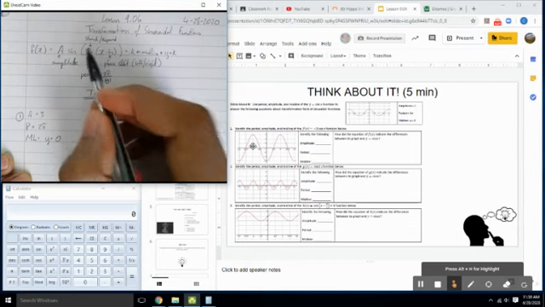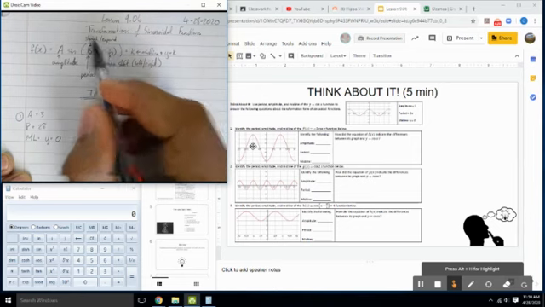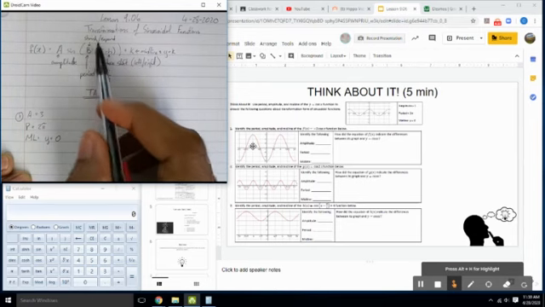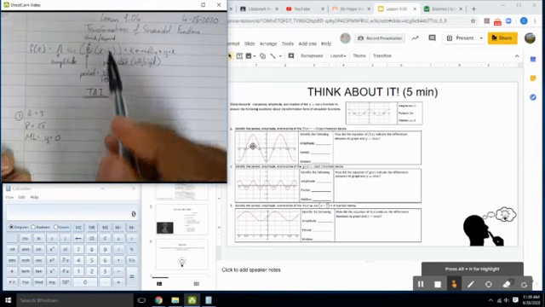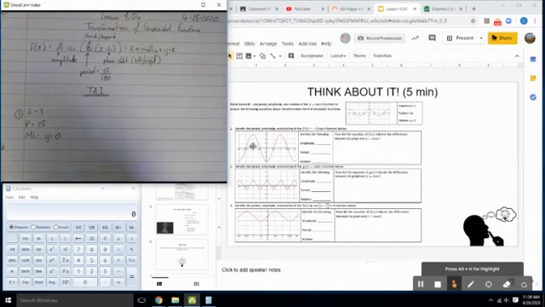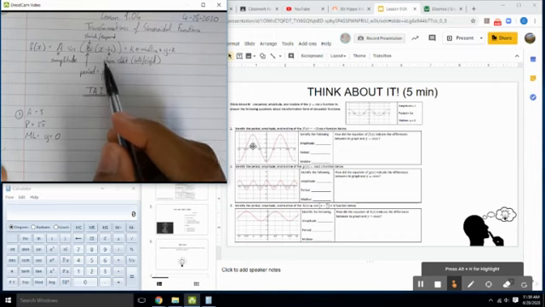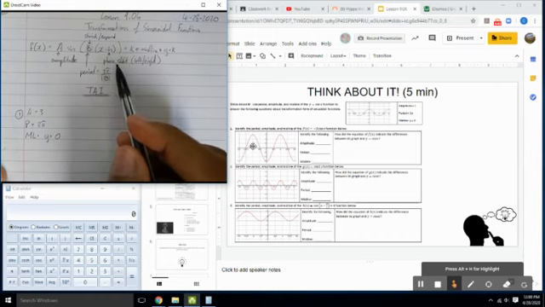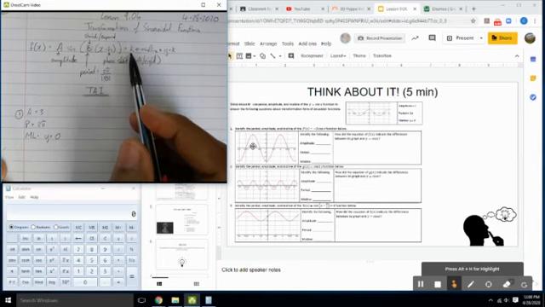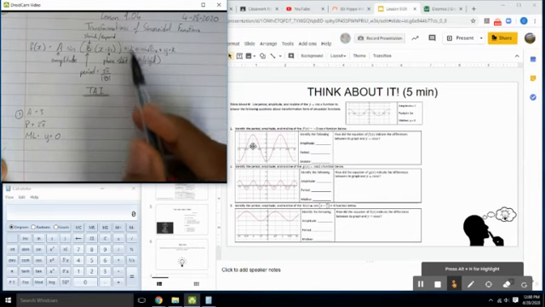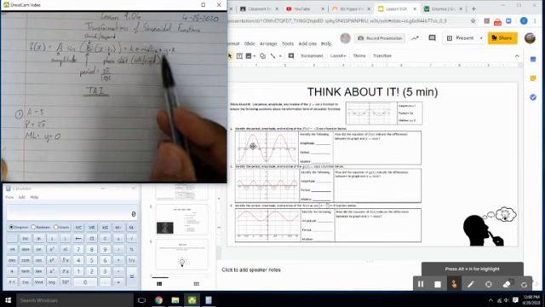B shows the horizontal shrink or expansion. H represents the phase shift from left to right, and K has to do with your midline. So this is what you can use to get the value of y.